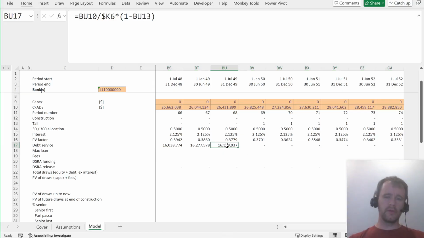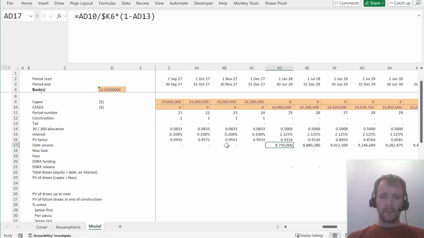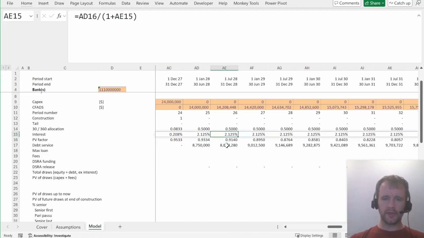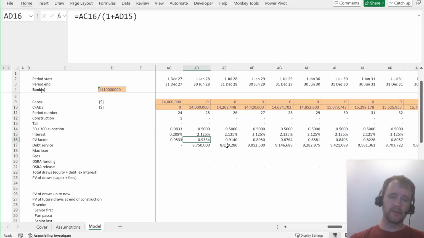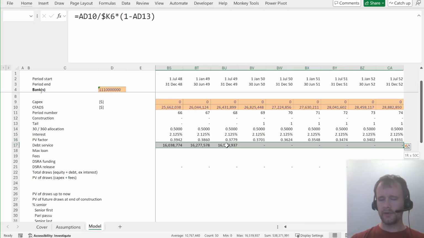And now, if you think about each of these debt service amounts times these present value factors, that is the value at the starting period of dollars paid in each of these periods.